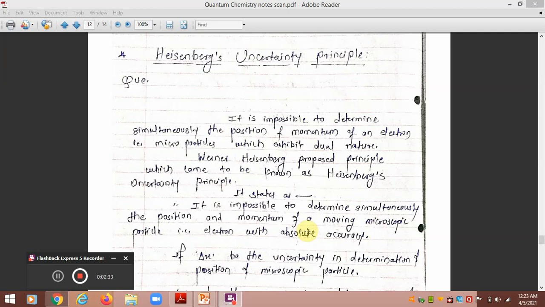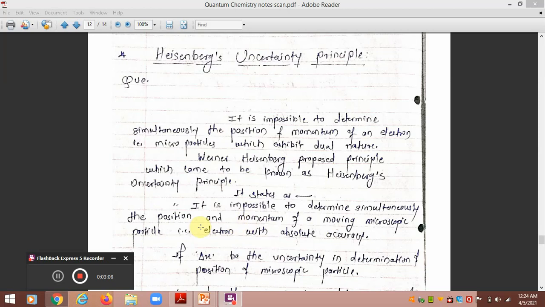It means that we cannot determine the position and the momentum of a moving microscopic particle simultaneously. Either we can define the position or the momentum at a time, whenever the particle is in motion. Generally this is more applicable to particles like electrons, or subatomic or microscopic particles.